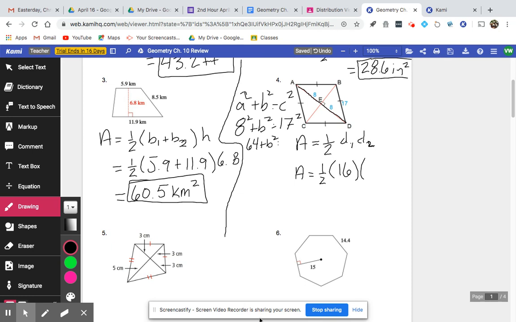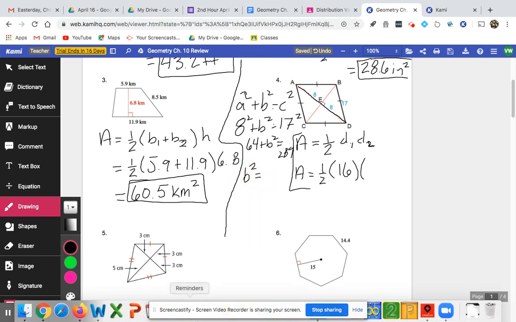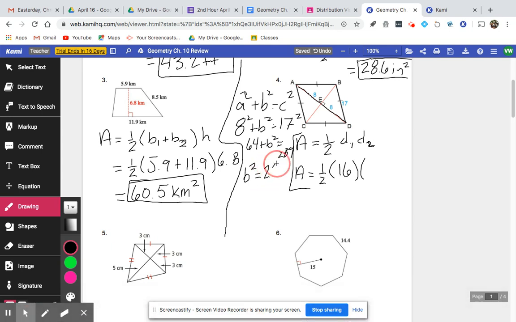Let's see if I can try to squeeze that in there. Equals 289. If you can read that, it's 289. So that means b squared is equal to, if you subtract 64 from both sides, 225. Take the square root of each side, and b equals 15.